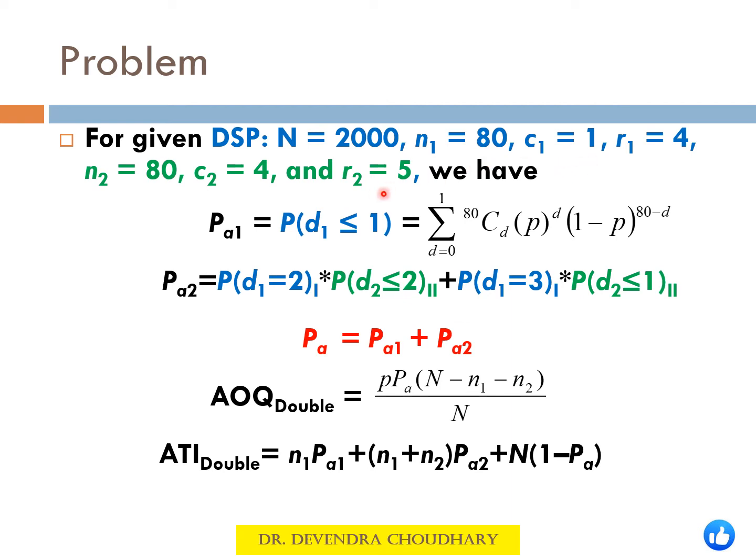So after first sample lot is accepted, or probability of accepting the lot is when the defectives found in first sample is at most 1. So this binomial probability distribution for having at most 1 defective would be the sum of having 0 defective plus 1 defective.